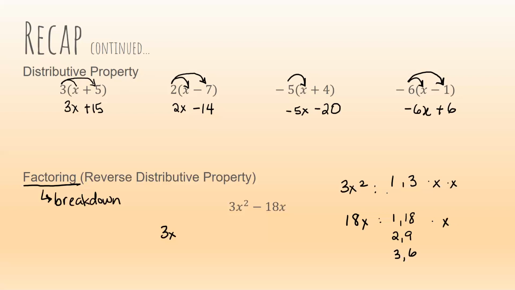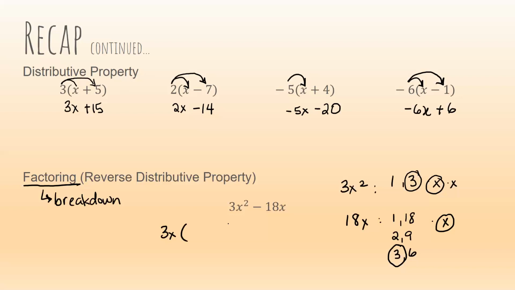Okay? Now looking at my numbers, what's the biggest number they have in common? They both have a 3. Sometimes they will not have anything bigger than the 1, so just keep that in mind. As well as they both have x's. How many x's do they have in common? They have 1 x in common. So my GCF is 3x.